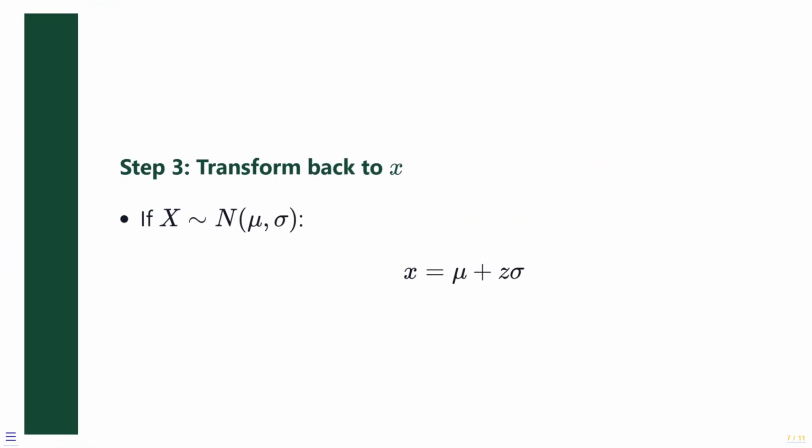Step 3 is to transform that z-score back to the original scale of your variable using the formula x equals mu plus z times sigma, where mu is the mean and sigma is the standard deviation. Following these 3 steps consistently will help you avoid many common mistakes when working with normal quantiles.